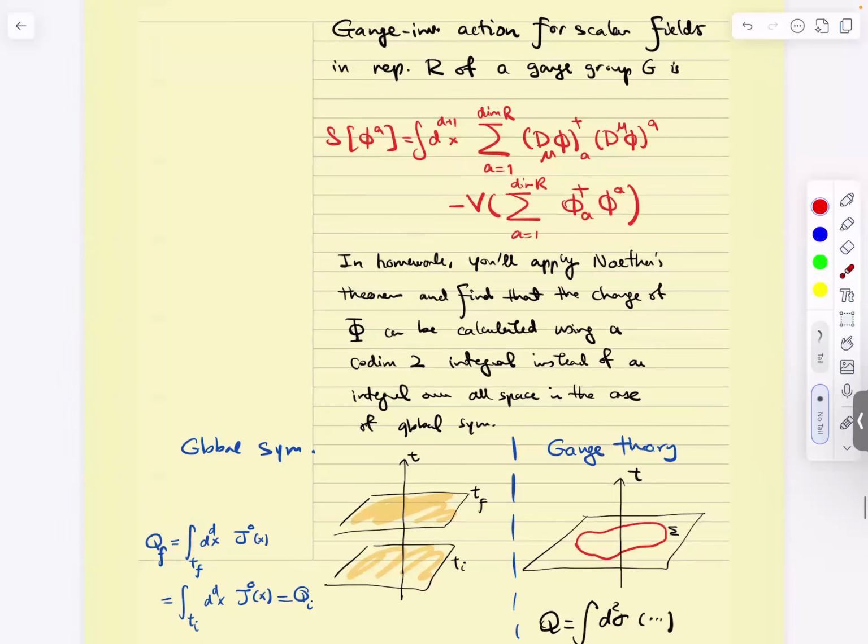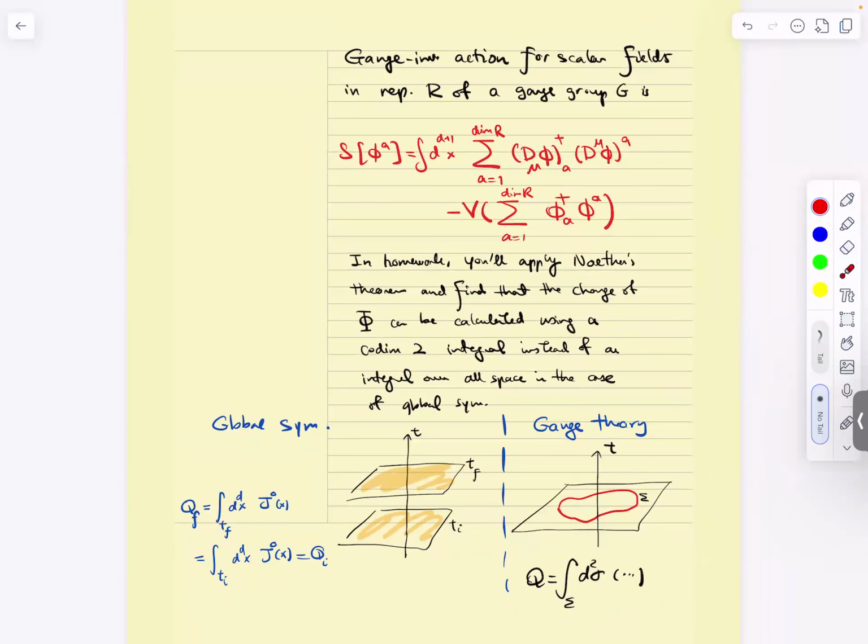All right. So in a homework, you'll see that when you apply Noether's theorem, in the case of global charge, we found that the charges were integrals of the current on objects of codimension 1, right? So you integrate the J0 on a 3-manifold, a constant time slice, and that gives you a charge.